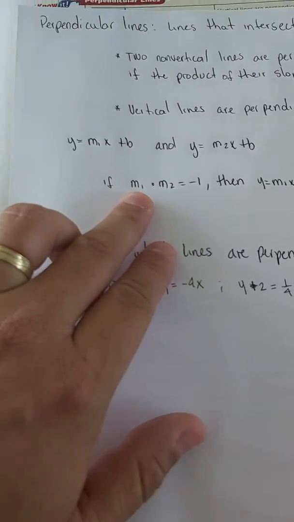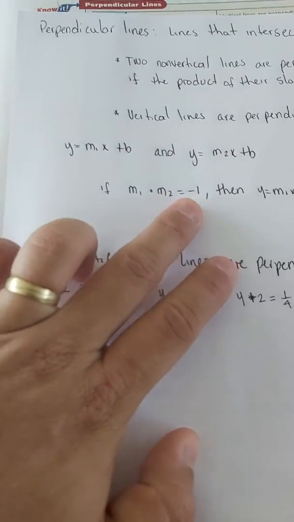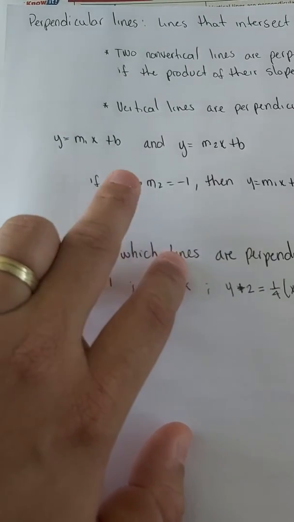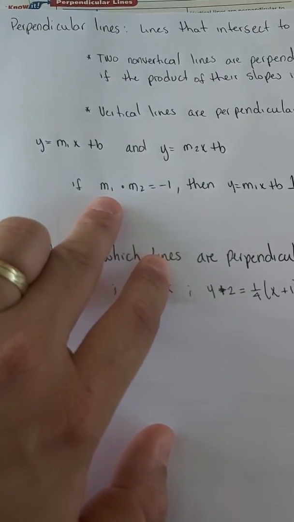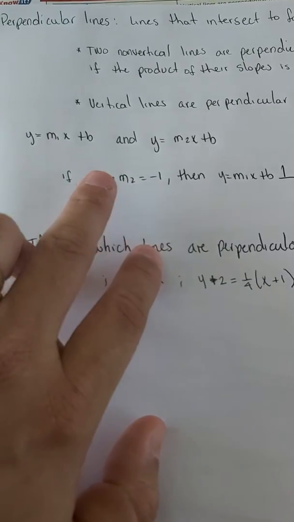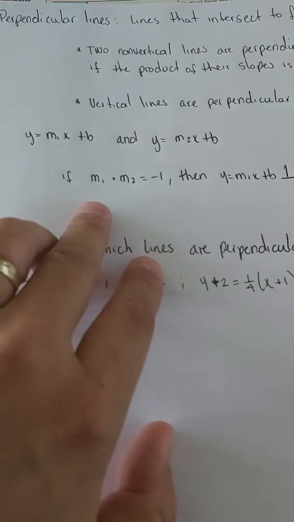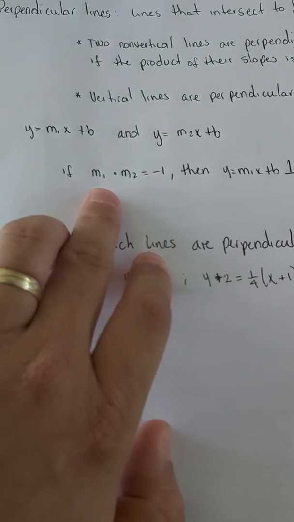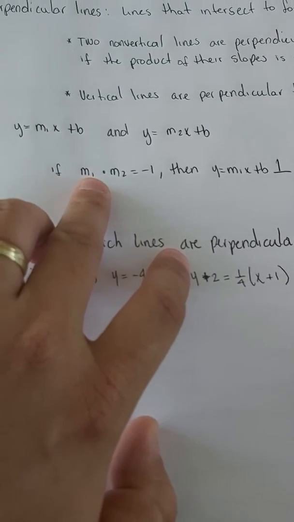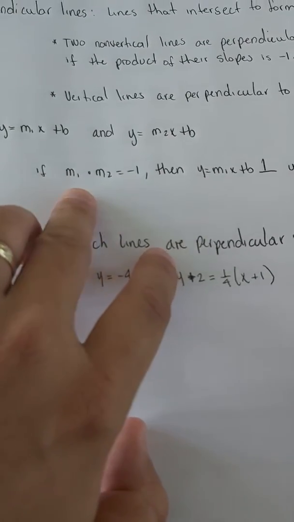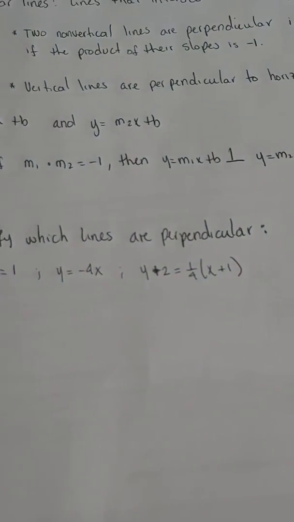If m1 times m2 equals -1, this will happen only if their slopes are opposite and reciprocal to each other, okay?